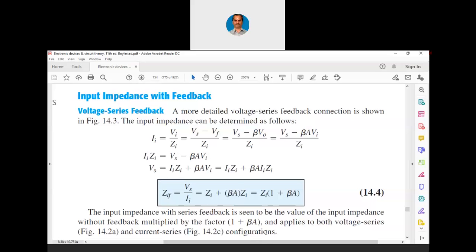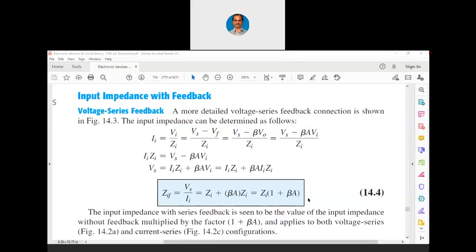Okay. Now I have been telling you this particular term 1 plus A beta is going to come again and again everywhere. It is going to come again in all our future derivations also. Now if A beta is much larger than 1, then what happens? If A beta is much larger than unity, we can ignore this 1.